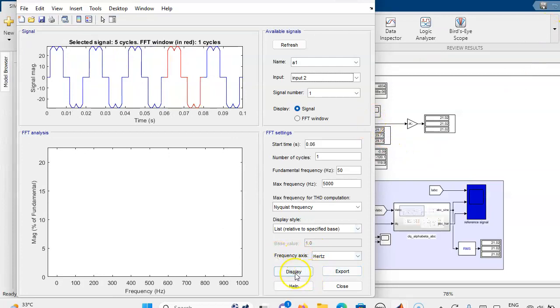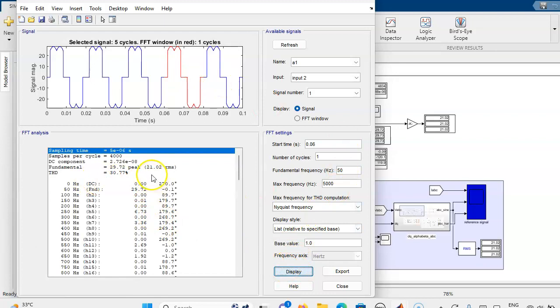Then you can do the display. See here, your fundamental is 21.02, the same thing we are getting 21.02, and your magnitude is 29.72, the same in the FFT analysis as well as in the Fourier transform here. So both here, the reference signal, we are getting the same value.